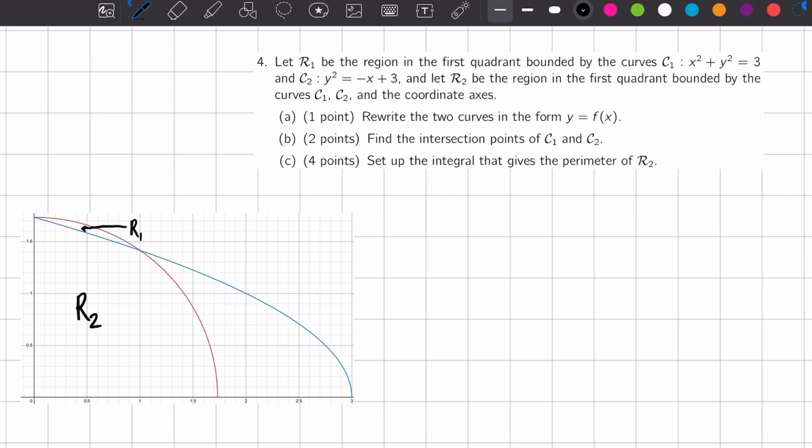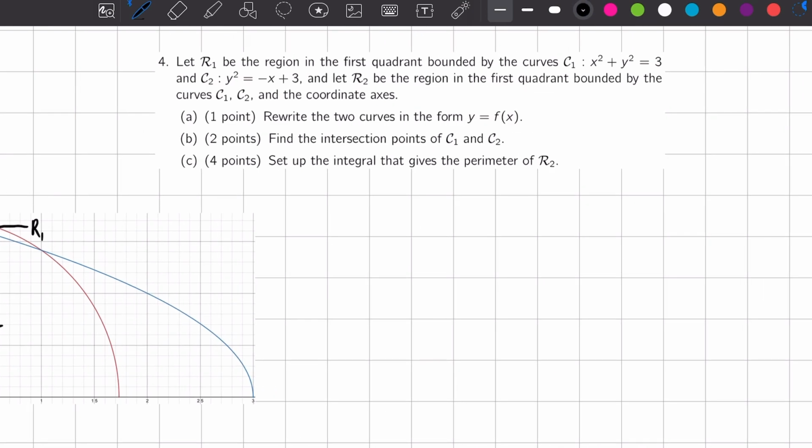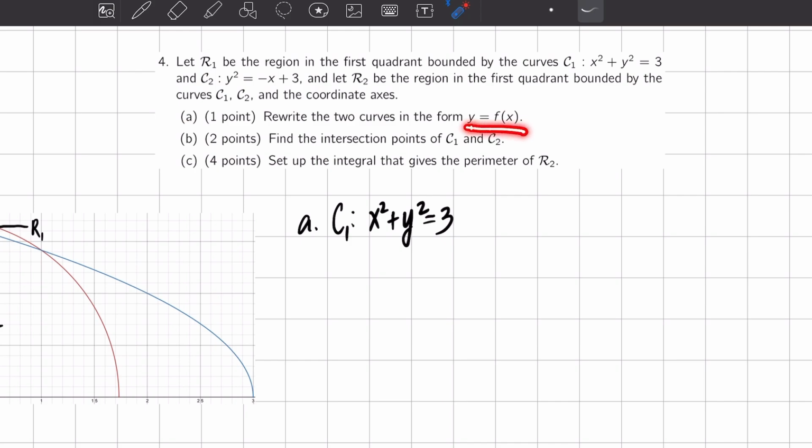For the first part, rewrite the two curves in the form y equals f of x. So let's start with C1. Your C1 is x squared plus y squared equals 3. What we just have to do is write it in the form y equals f of x. So we transfer this one here. We get y squared equals 3 minus x squared.